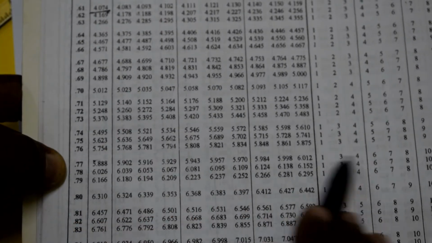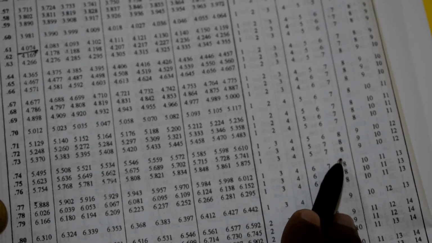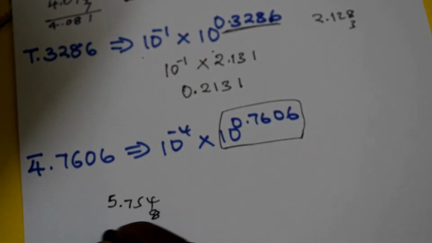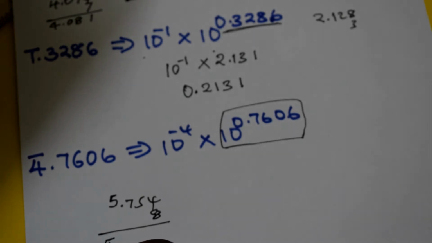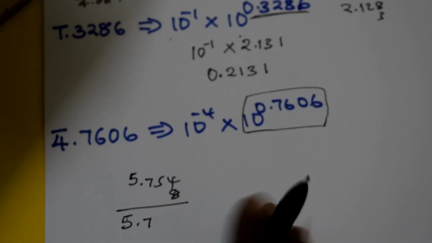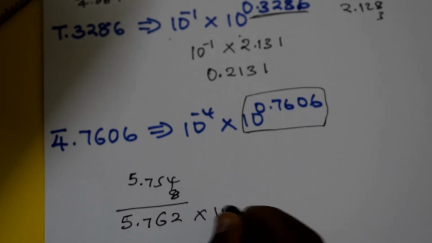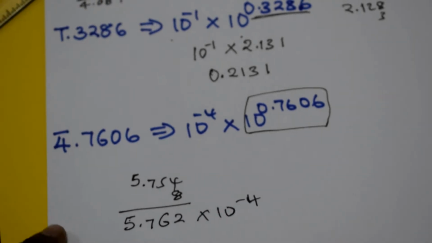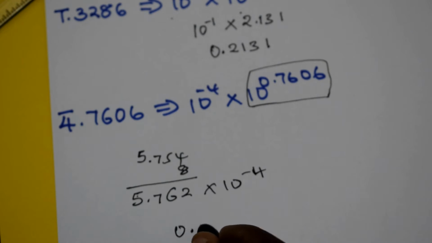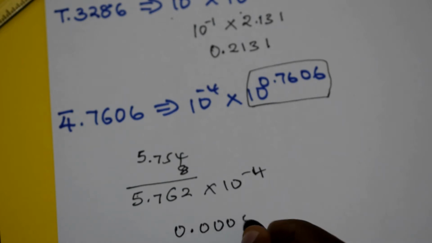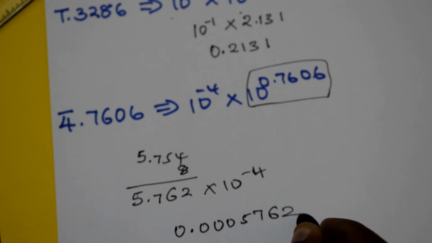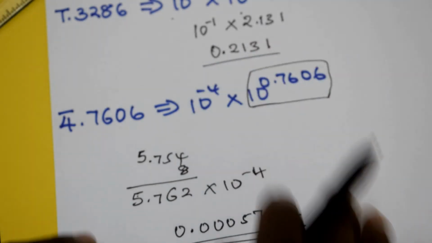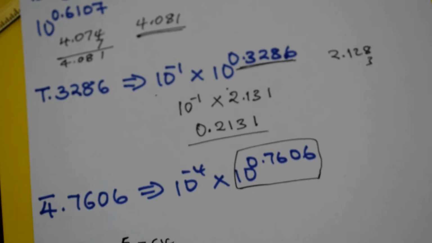You follow that column to where you have 6, and our 6 reads 8. So we add 8, and we are going to have 5.762 times 10 power negative 4. So this number was 0.0005762. That is the number whose logarithm was bar 4.7606. So that's how we find logarithms to take us back to the number.